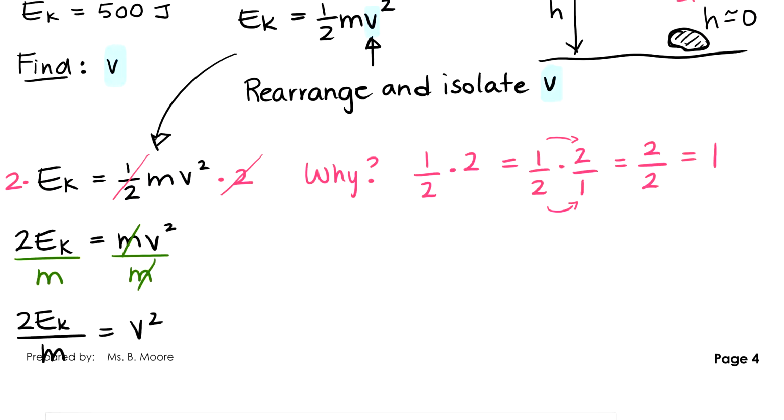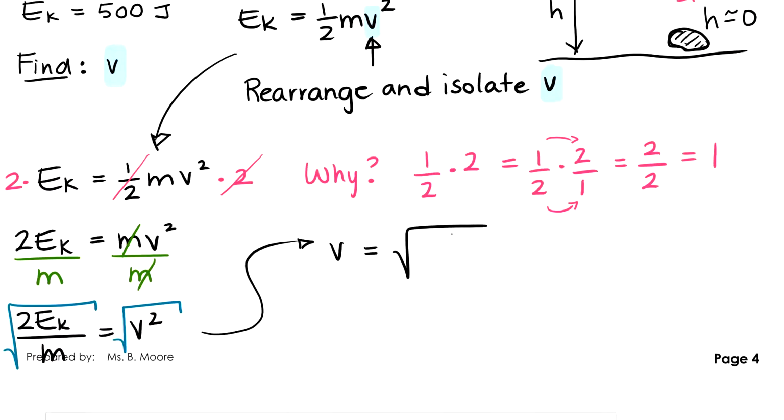We're not finished yet because we have to get rid of this squared. How do we undo a squared? We take the square root. If we take the square root of this side, we have to take the square root of this side as well. So now our new formula is v equals the square root of 2 times EK over m.